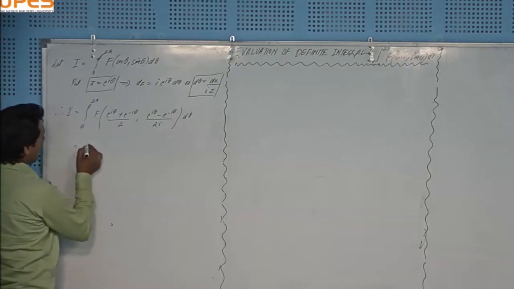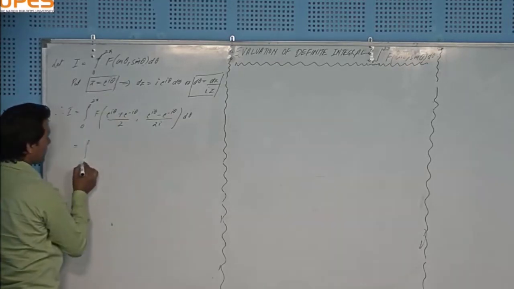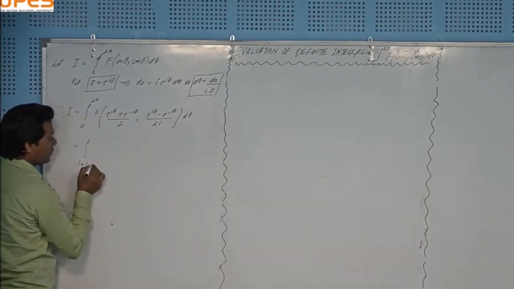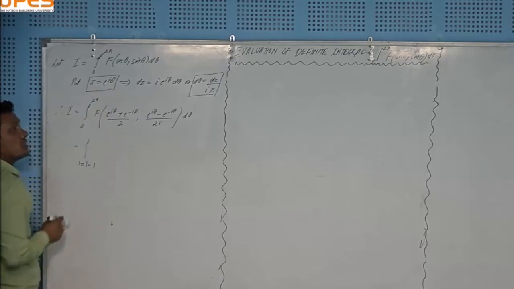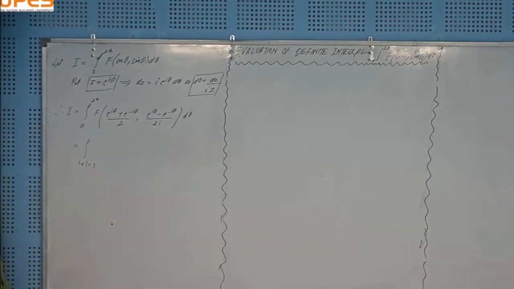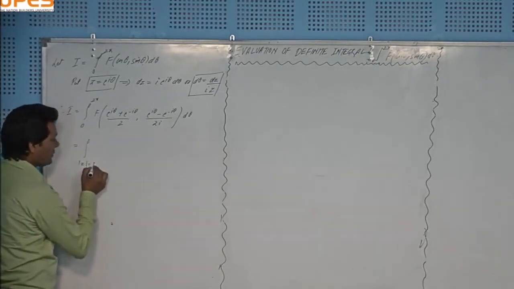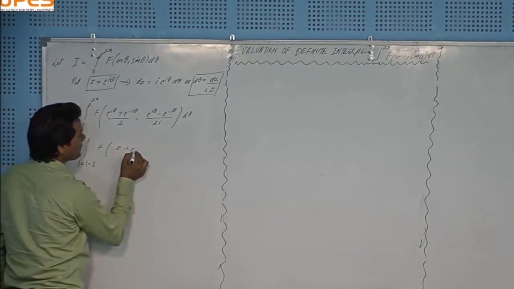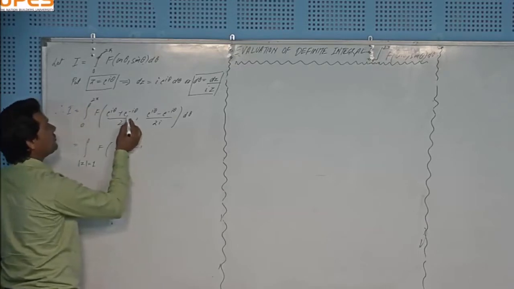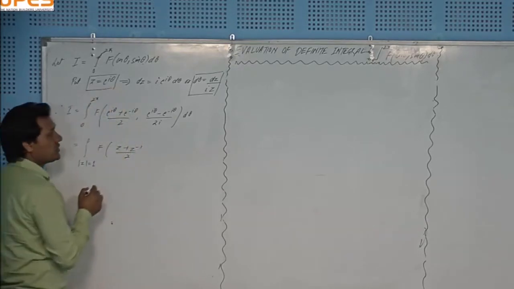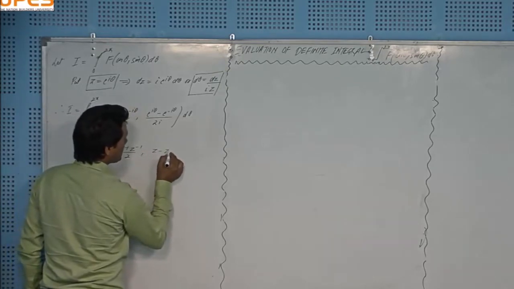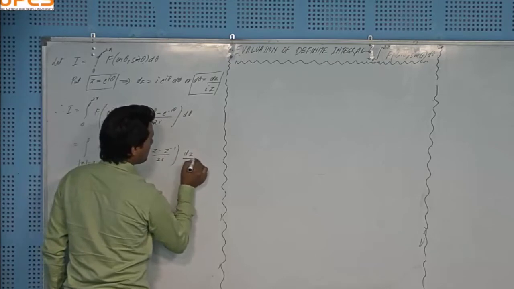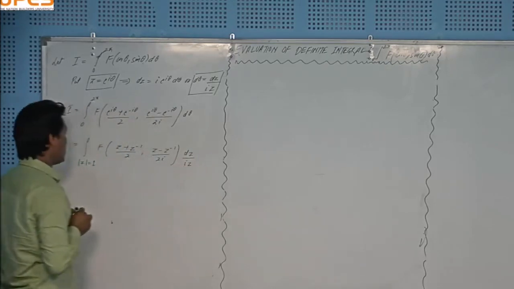So we can replace this integral by the contour integration over C, where C is actually |z| = 1. This is equivalent to the unit circle centered at origin with radius equal to 1. Everything inside the function can be written as f of (z + z^(-1))/2, because e^(-iθ) will be z^(-1), and (z - z^(-1))/2i, and dθ will be replaced by dz over iz.